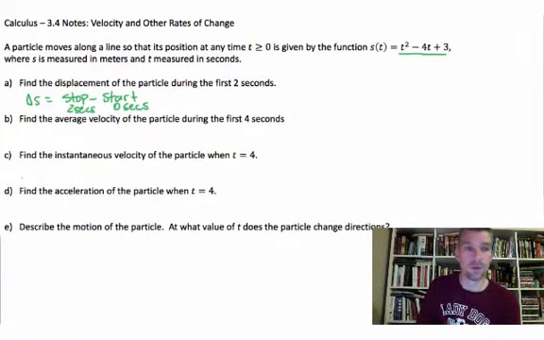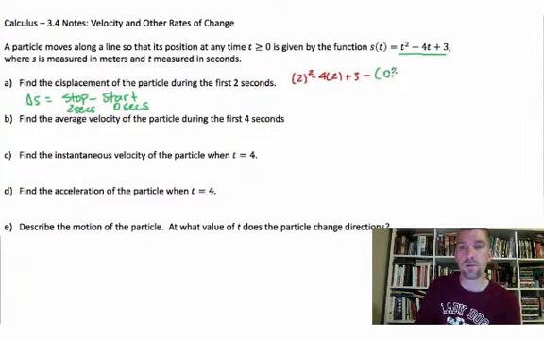So when I do that, I'll do the stop with red. Okay. So when I do my stop, I'm going to have 2 squared minus 4 times 2 plus 3 minus my start. So minus, and then my start needs to be everything in green. So my start is all this, and minus the entire start, not just part of it.